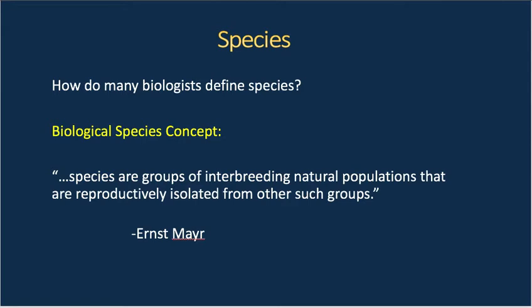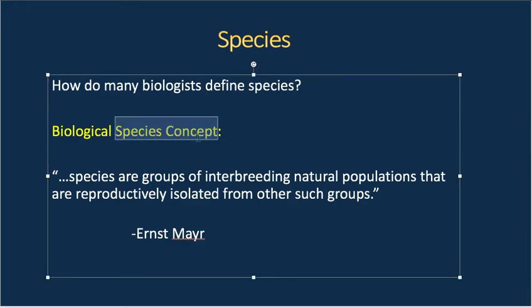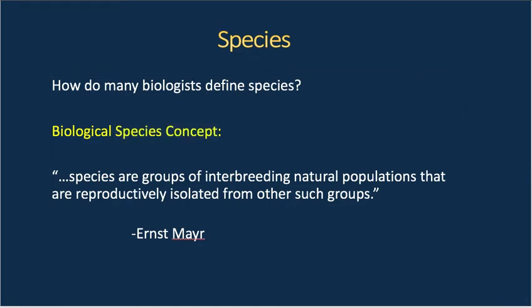So how do biologists define species? Before we get to that, this idea of a species concept is something that hopefully you'll be reading about and that we'll be talking about for the next few slides here. A species concept is basically how you define a species. What kind of characteristics are you using in your definition?